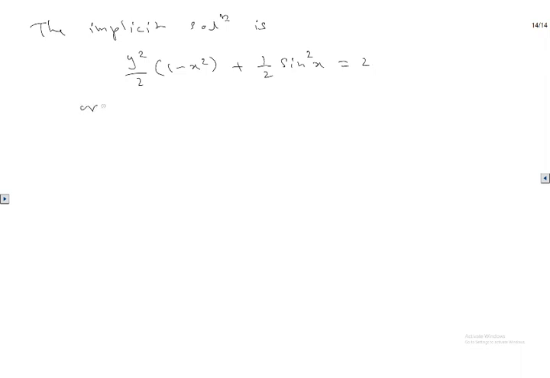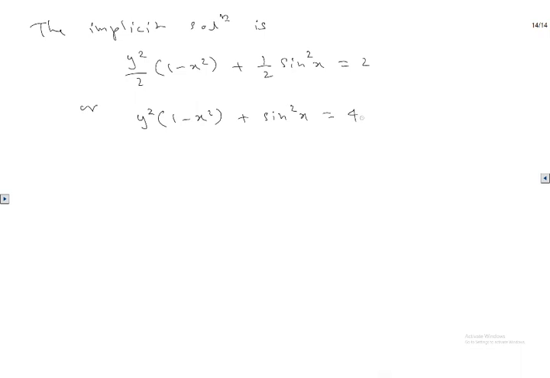Or you can just multiply by 2 and write this in a more comfortable form. So multiply by 2, so you're going to say plus sine squared x equals 4. So that is the implicit solution.